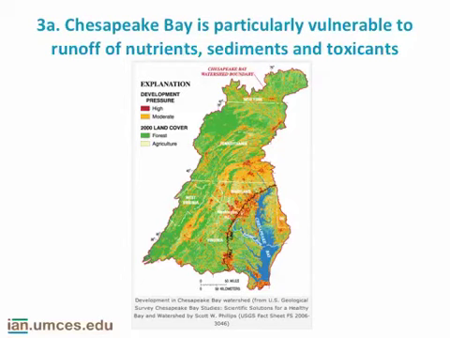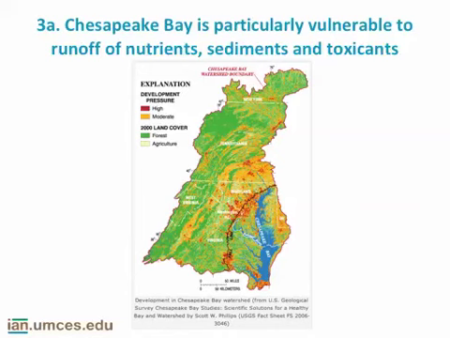The third point is that Chesapeake Bay is particularly vulnerable to the runoff of nutrients, sediments, and toxicants. Looking at the watershed map, you see the fall line with extensive urban development: Richmond, Virginia, Washington, D.C., Baltimore.